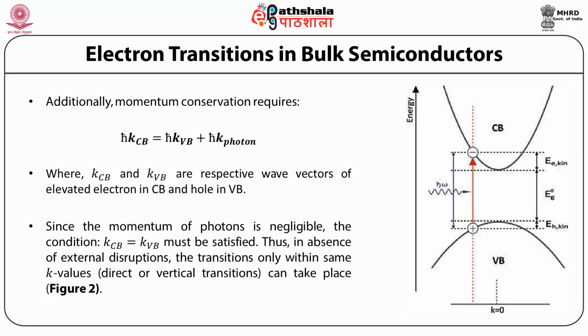Thus, in the absence of external disruptions, transitions only within the same k values can take place, which is shown in this figure, representing the transition of an electron from the valence band to the conduction band within a direct band gap semiconductor as a result of photon absorption.